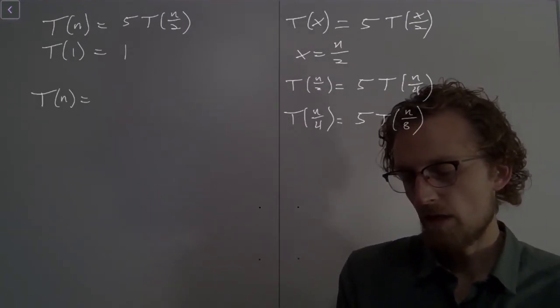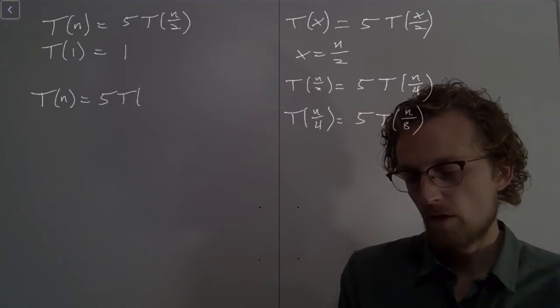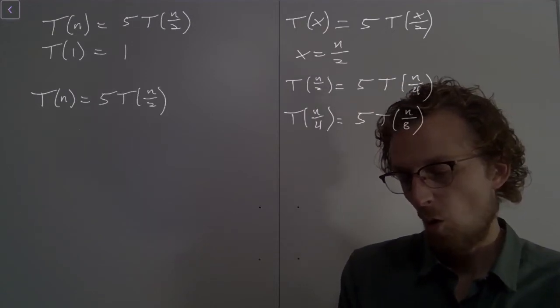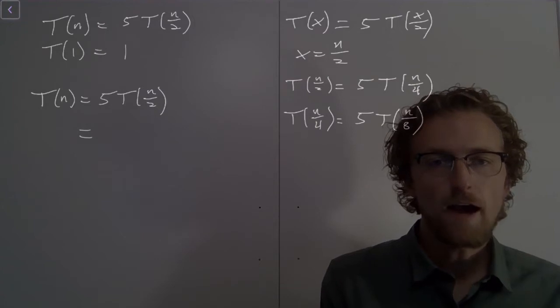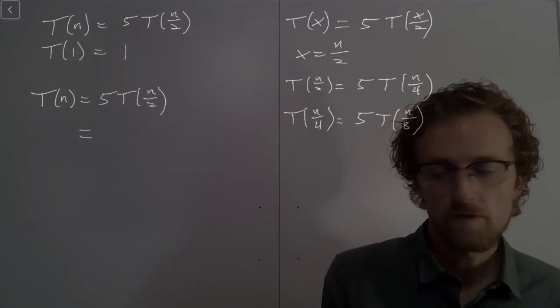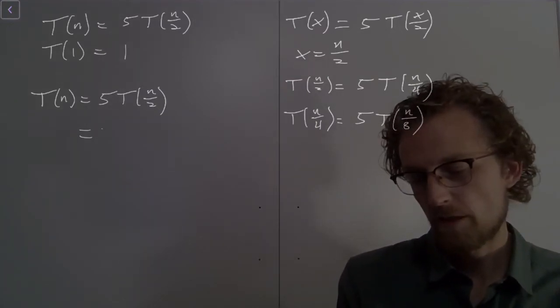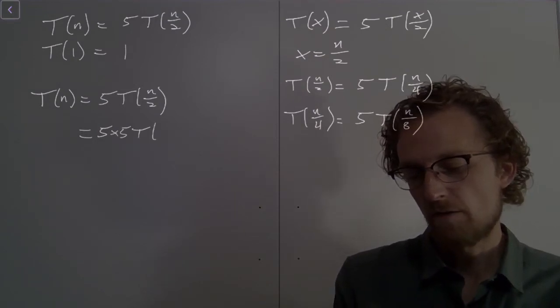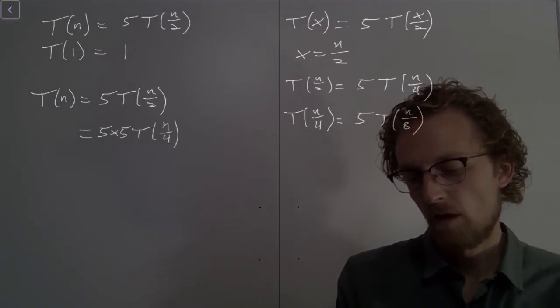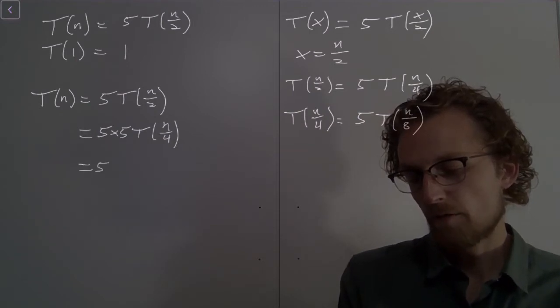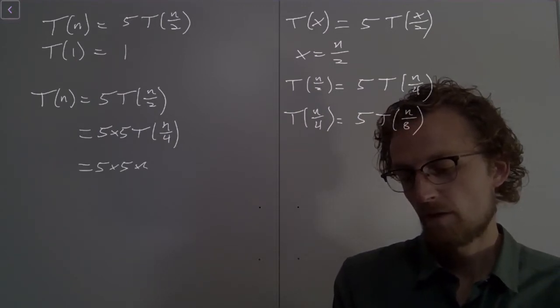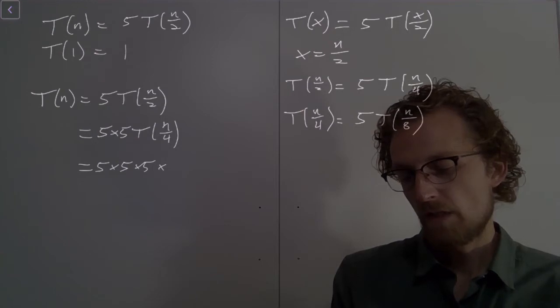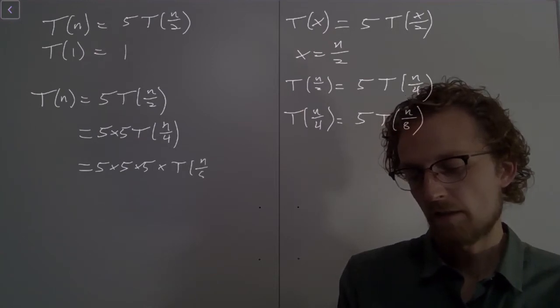So my t of n equals 5 t of n over 2, or it equals 5 times 5 times t of n over 4, or it equals 5 times 5 times 5 times t of n over 8.